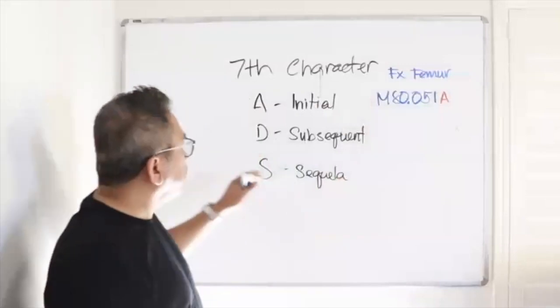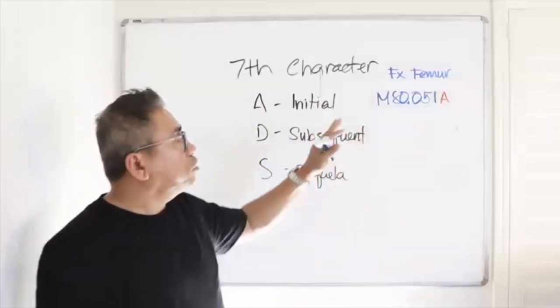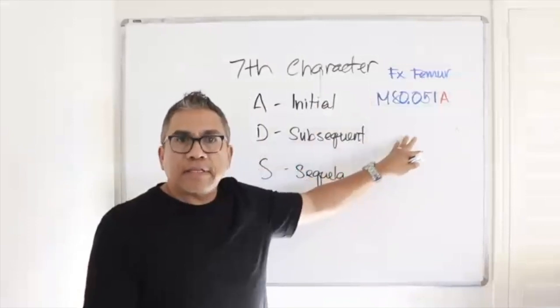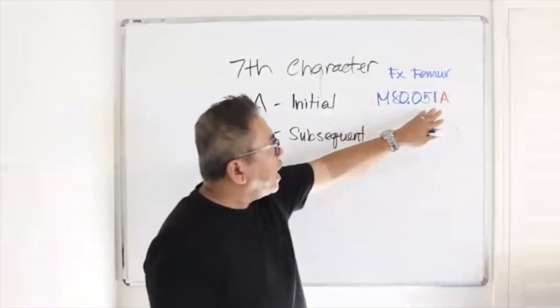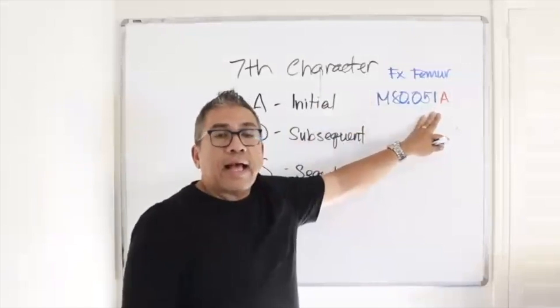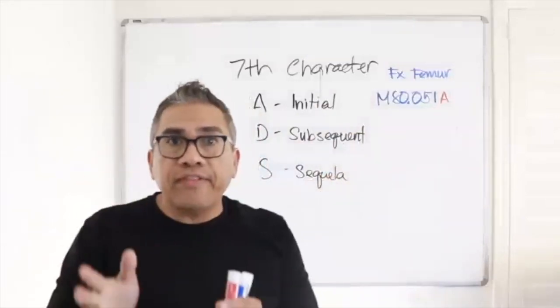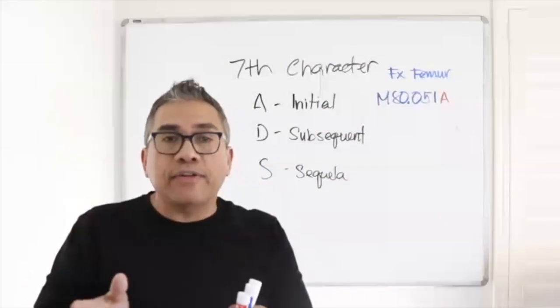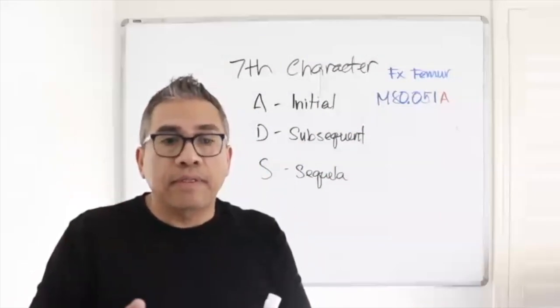In that case, I'm assigning initial here. We don't have the scenario yet, but I'm just showing you guys how the 7th character works. If I put letter A here, I'm basically telling the insurance company, the payer, that this is a fracture that is receiving active treatment. Does that make sense?